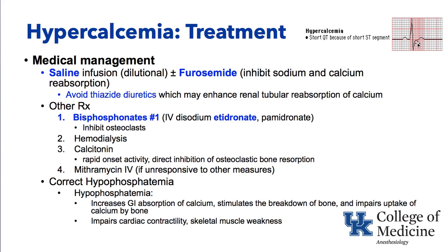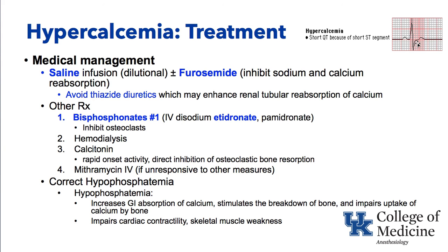So saline diuresis, saline dilutes it, and then Lasix inhibits sodium and calcium reabsorption. Remember that thiazide diuretics would not be a great choice, because they can actually enhance renal tubular reabsorption of calcium and cause hypercalcemia in and of themselves. So saline and Lasix in that patient who's hypercalcemic.